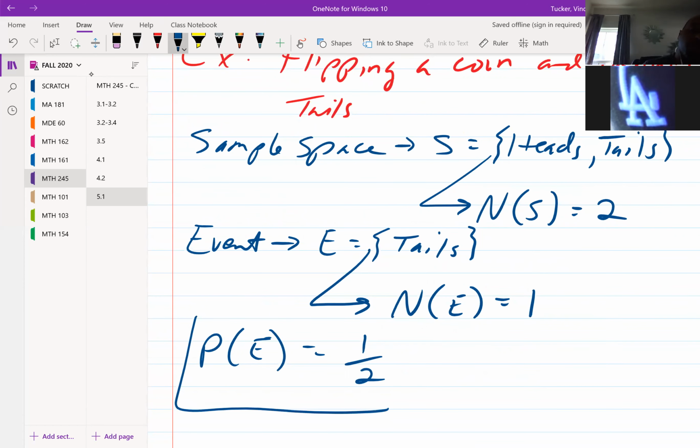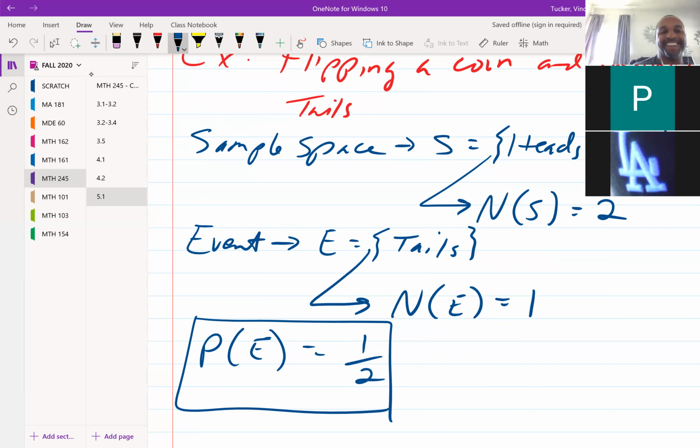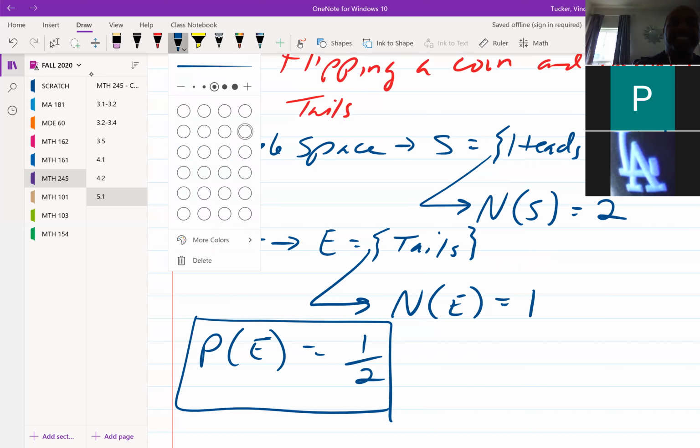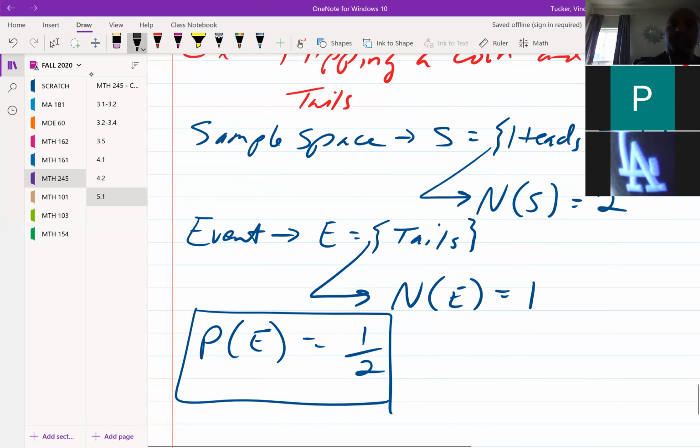So you place the number of your event over the number of your sample space. That was easy. Let's try another one.